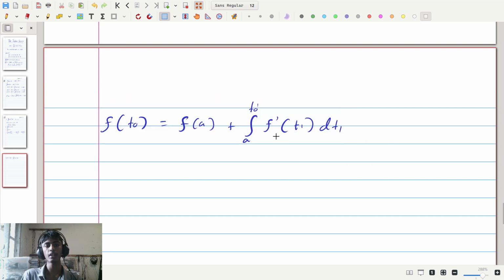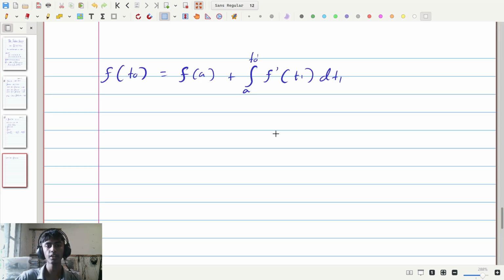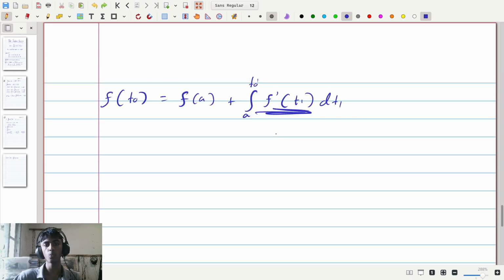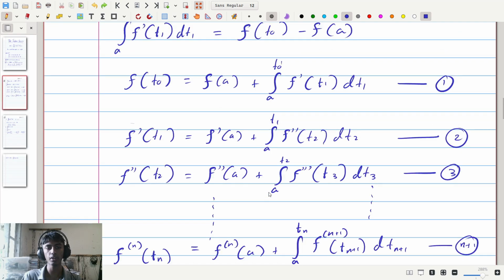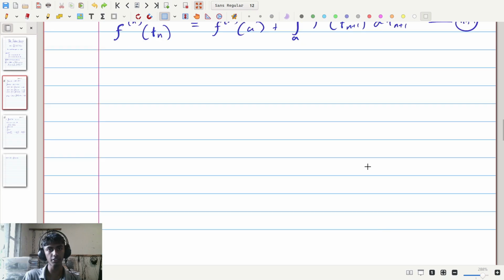So here, in replacement of this f prime t1, we're going to be replacing this f prime t1 with the expression for f prime t1 that we had above. So here, going up, we're going to be replacing it with this expression on the right here. You can see this expression on the right here is what we're going to be replacing f prime t1 with. So I'm going to copy it. We're going to paste it as required.